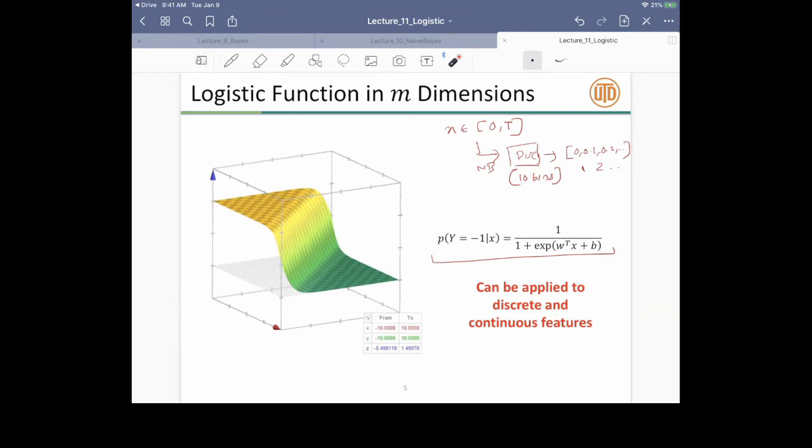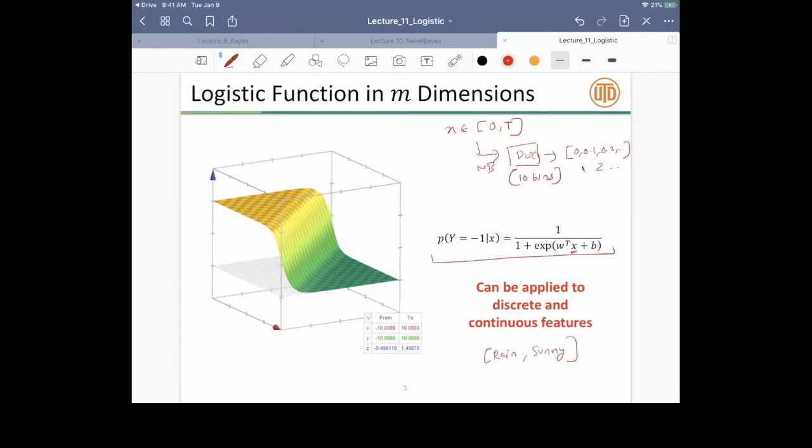The reason for doing this is that if my feature is inherently categorical, suppose my feature is whether it's going to rain or whether it's going to be sunny, obviously I cannot assign a number to X, because it's a categorical thing.